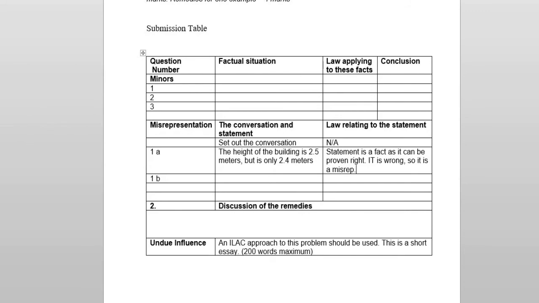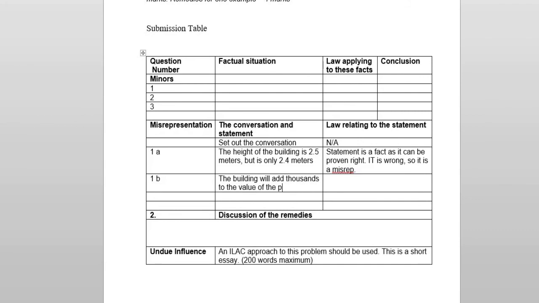In the second one, I'm going to talk about my opinion example. So the statement we're talking about here was the building will add thousands to the value of the property. Now this is opinion and is not normally a representation.